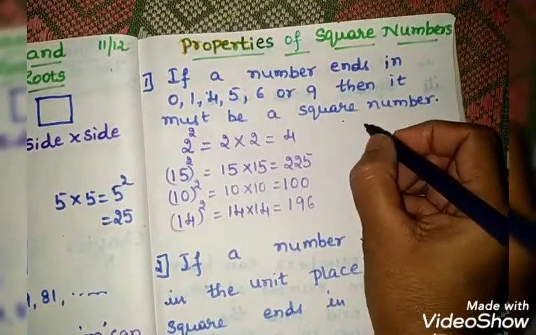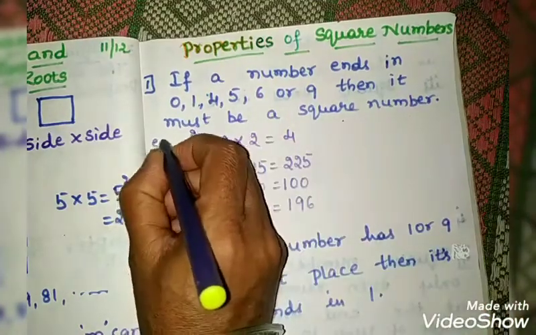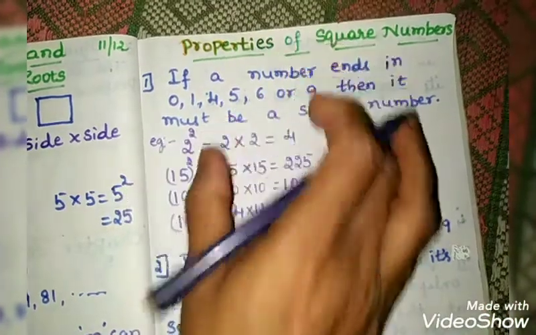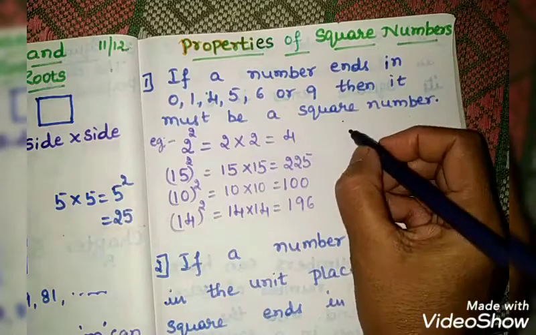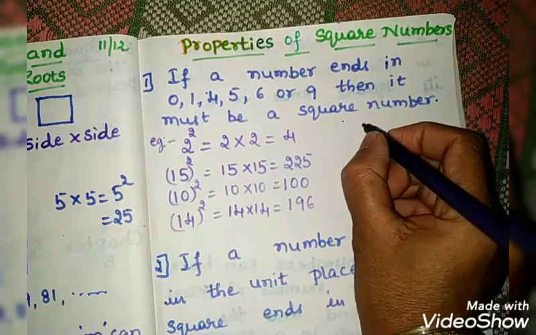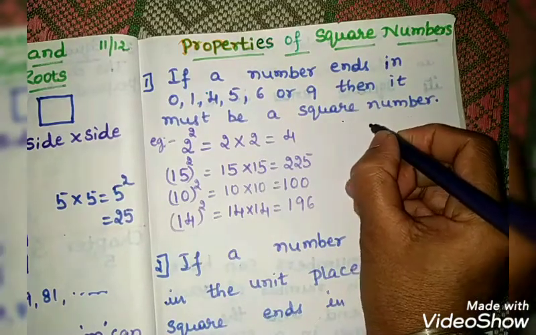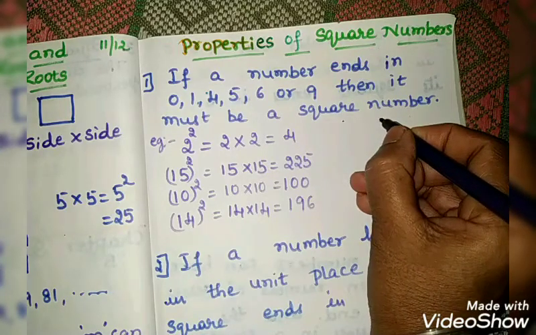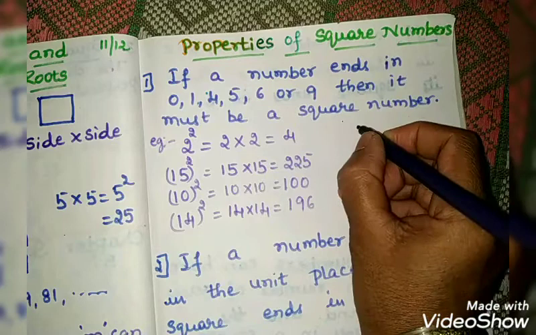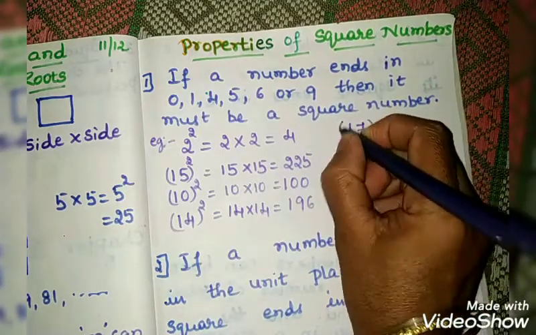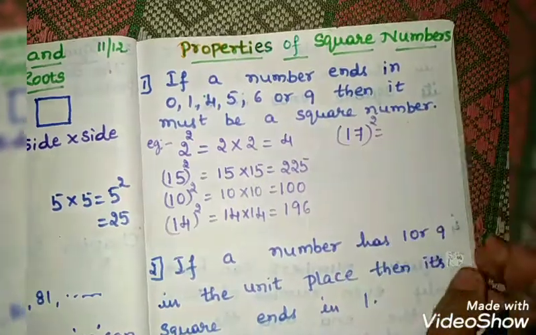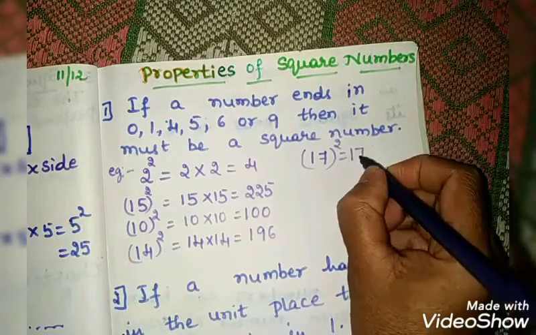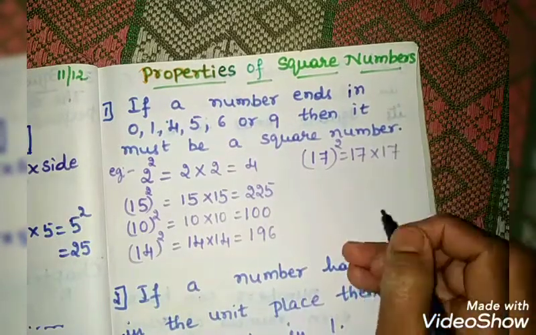Let us try some more examples to prove this property. Okay. Next, shall we take any other number? Yes. Let me take 17 square. How to write 17 square? 17 into 17.